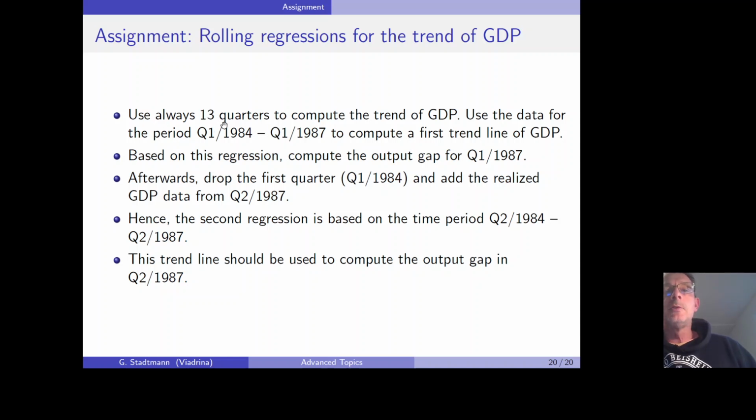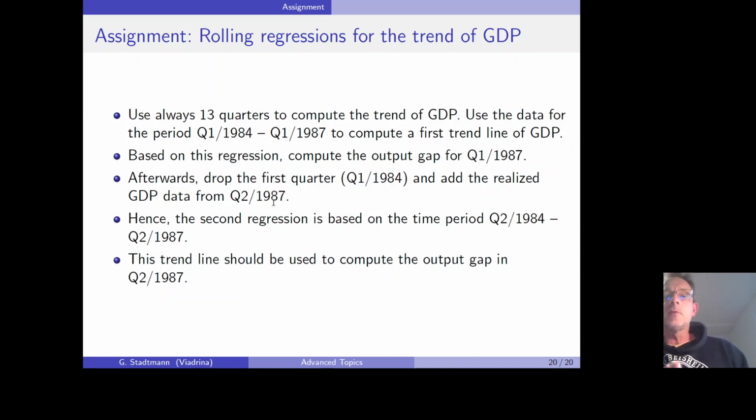You should always use 13 quarters to compute the trend of GDP. Use the data for the period Q1 1984 to Q1 1987 to compute a first trend line for GDP. Based on this regression, compute the output gap in the first quarter of 1987. Afterwards, we drop the first quarter of 1984 and we add the second quarter of 1987.